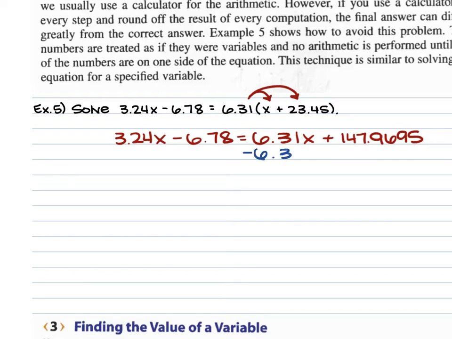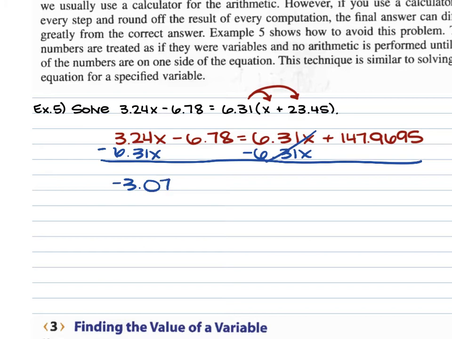From here, we are going to get the x on the same side, so I am just going to subtract the 6.31x from each side. So 3.24 minus 6.31 gives us a negative 3.07x minus 6.78 is equal to 147.9695.